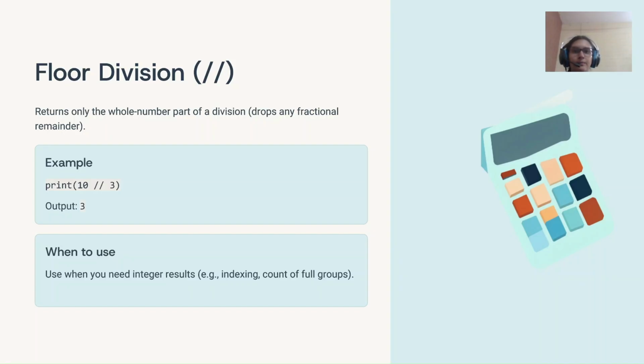As I told you when we were doing division, the answer the division operator gives is always a float value. It always has a decimal point. We saw that. But what if we are doing calculations that need an integer value? We don't want a decimal point, right? In that case, we use floor division.